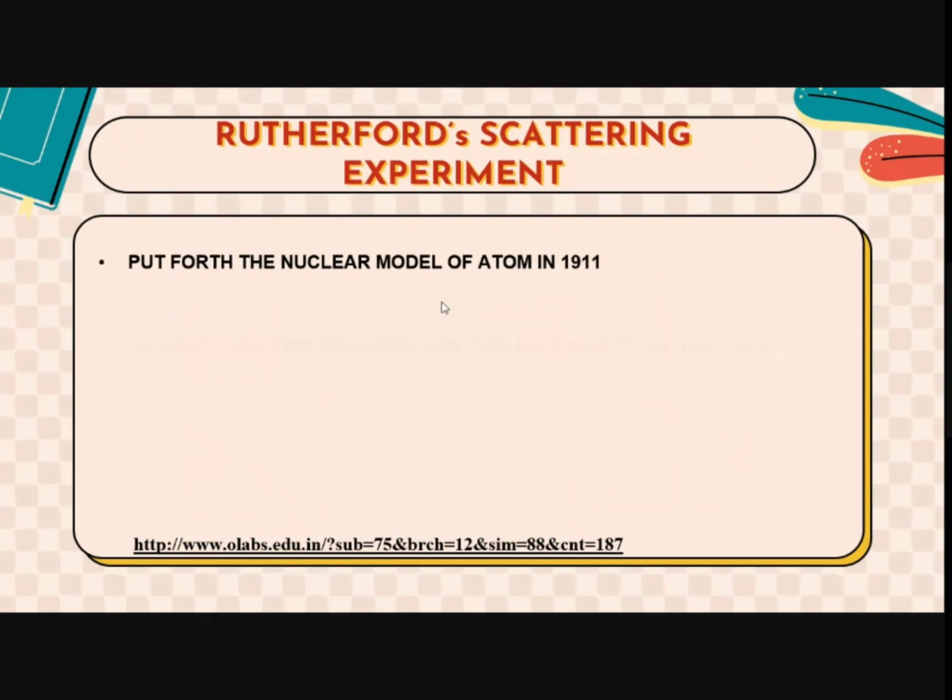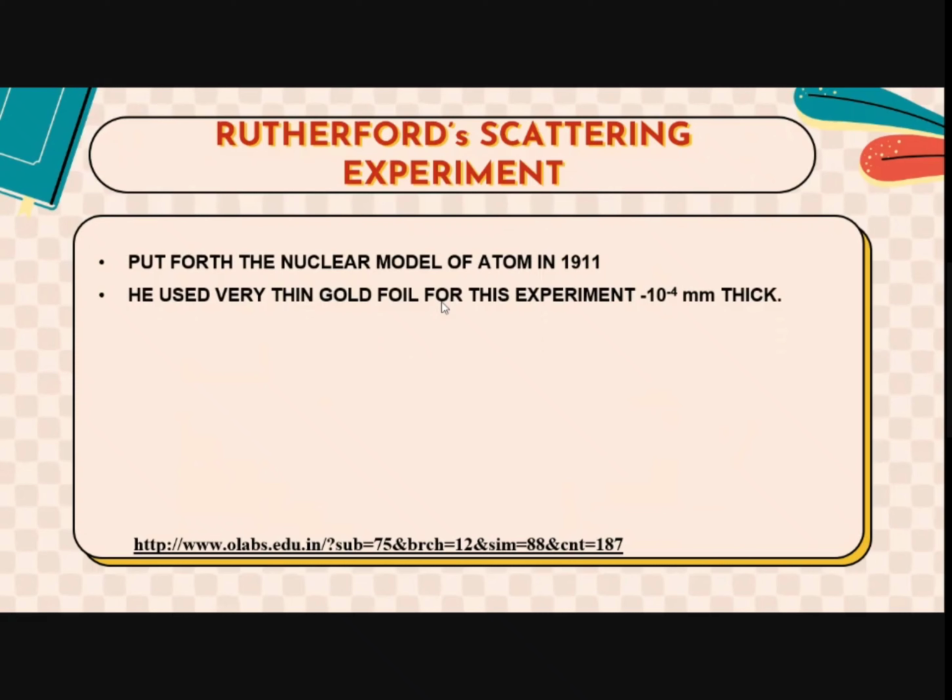Students, he used a very thinly sliced gold foil for this experiment, and we can't even think how thin that slice was, because it was 10 raised to minus 4 millimeter. 1 millimeter is just one division on a scale, and 10 raised to minus 4 millimeter is much thinner than that.